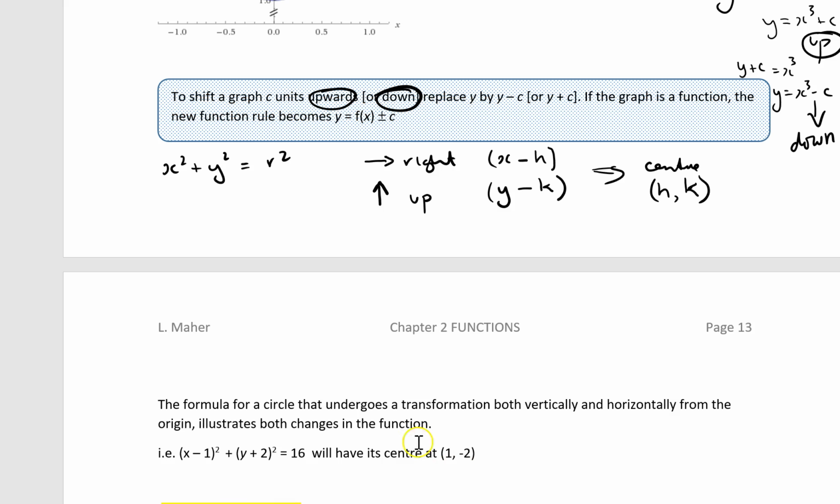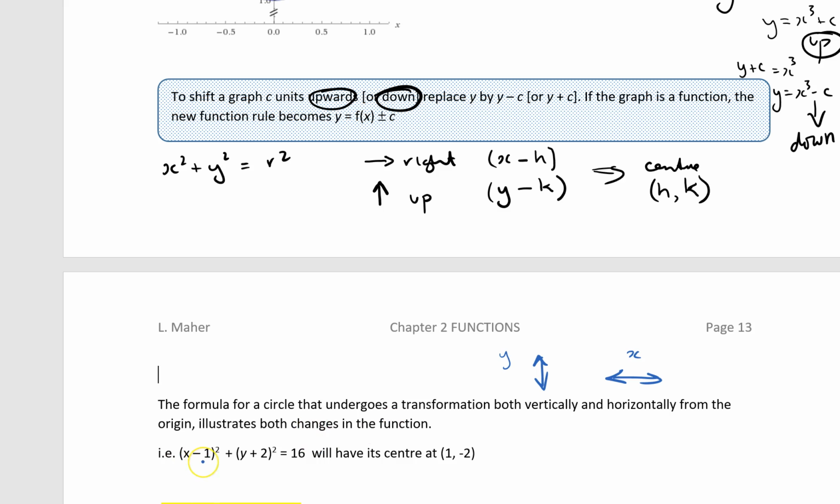So I've put an example like that in here. The formula for the circle undergoes a transformation both vertically, up or down, and horizontally. So this is impacting directly on the y, this is impacting directly on the x, from the origin, and illustrates both changes.